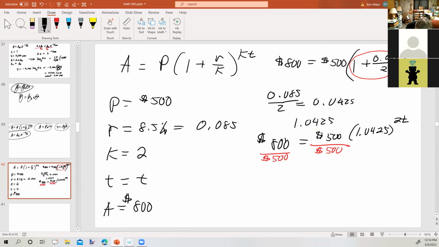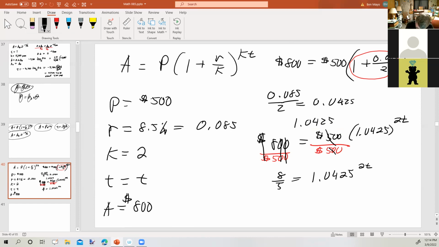On the left side, a 0 goes, a 0 goes, a dollar sign goes, and I've got 8/5 equals 1.0425 to the 2t power. Now it's in the form of a number equals a base to a power. I can change it into a logarithm.